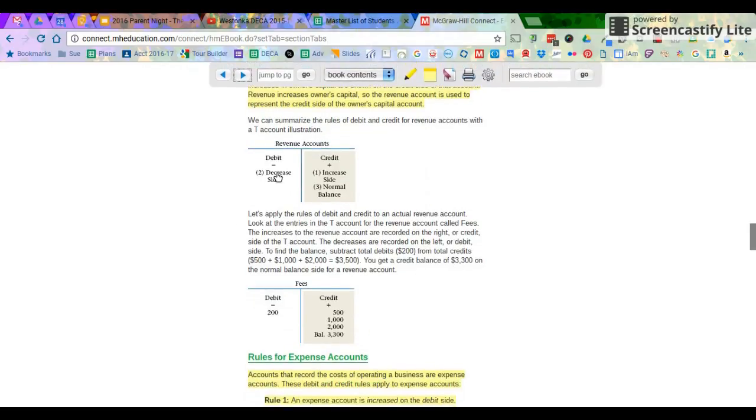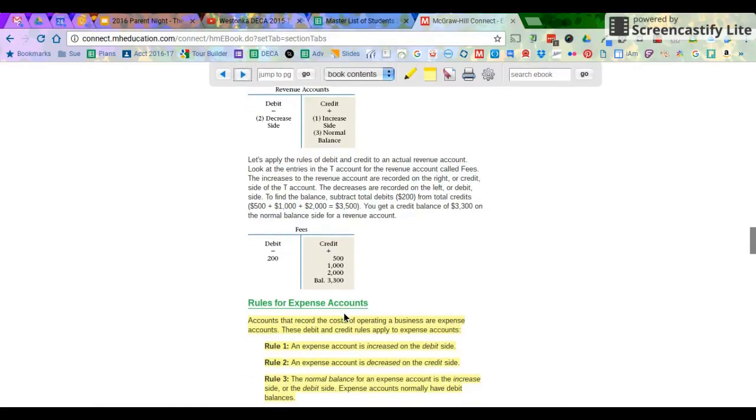The decrease side is going to be on the debit side, and the increase side is on the credit side. Here's a revenue account. They're calling it fees. Not my favorite title for a revenue account, but it's actually odd to have an opposite side. How would you have a deduction? Maybe like a return, but that's not in a service business. We don't really have returns, but generally you're just going to have credits in your revenue account.